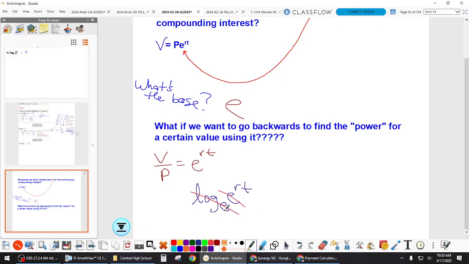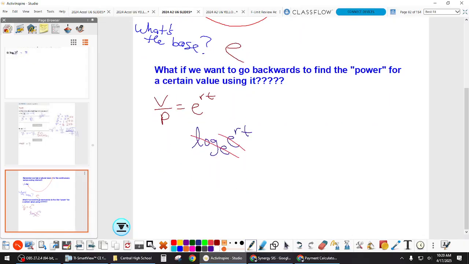Okay, here's the thing. Log base e is so common that we gave it its own name, and it's called natural log. So we won't write it as log base e. Why is it called natural? E is the natural base, so the log with the base of e is the natural log.